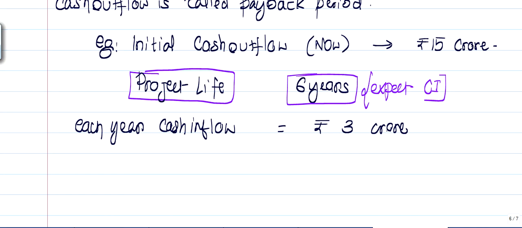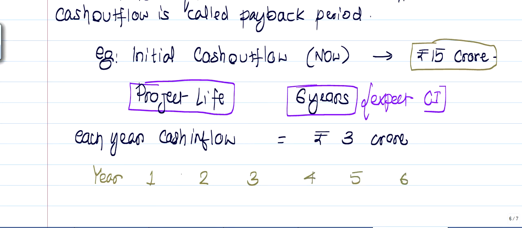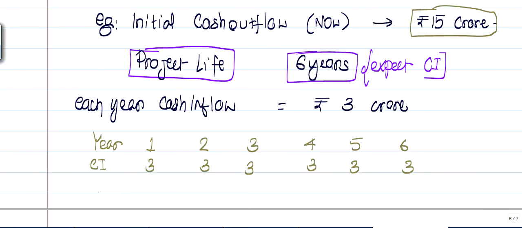So in how many years will you recover the 15 crore? Years 1, 2, 3, 4, 5, 6. A 6-year project. Cash inflow 3, 3, 3, 3, 3, 3. Cash outflow 15, at the time of 0, now, today.